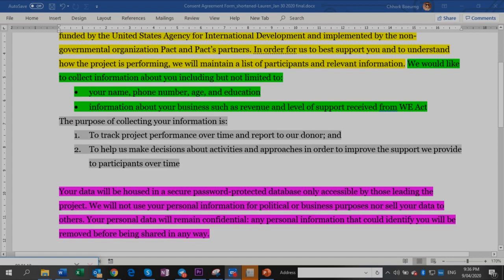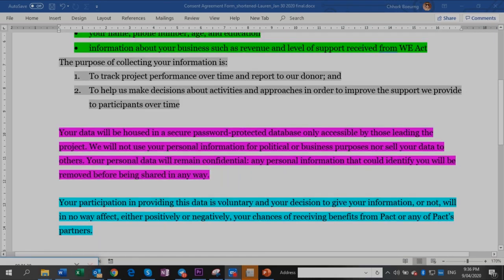The next part is about the key personal information that we will collect from the project beneficiary. And in the next part, the gray color, we tell them the clear purpose, why and how we collect their personal information.